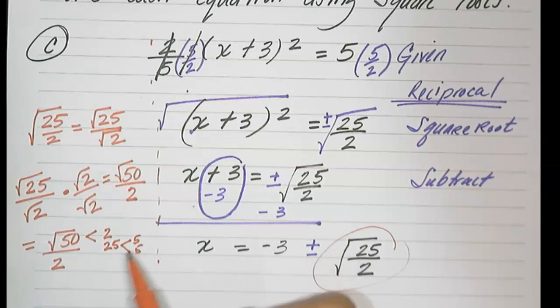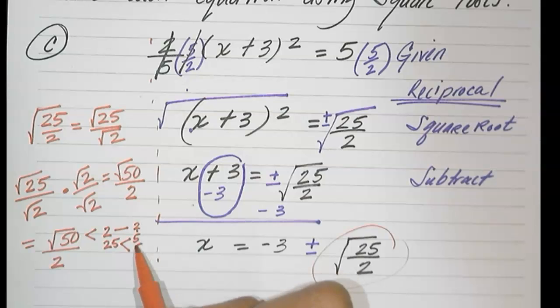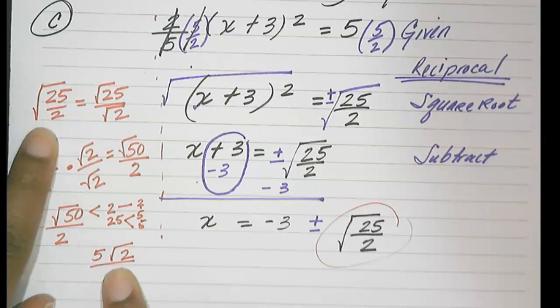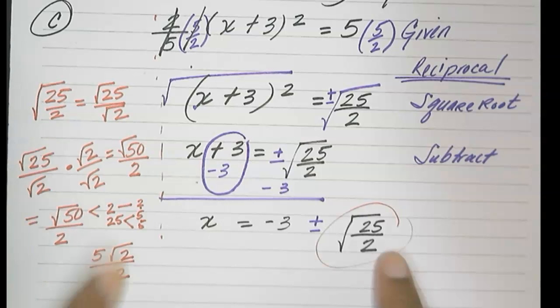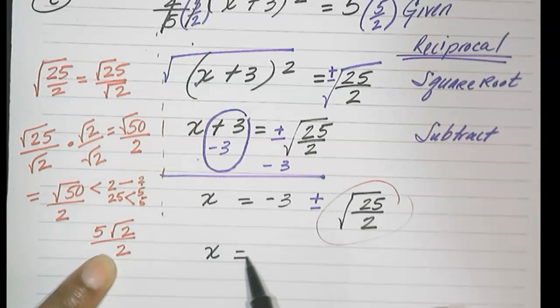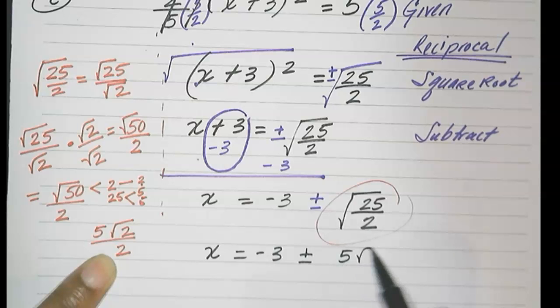All of these are multiplying. This can be rewritten as 5 square root 2 over 2. Now, for that reason, I just simplified the square root of 25 over 2. I'm going to put that over here. Make sure you can see it. Negative 3 plus or minus 5 square root 2 divided by 2.